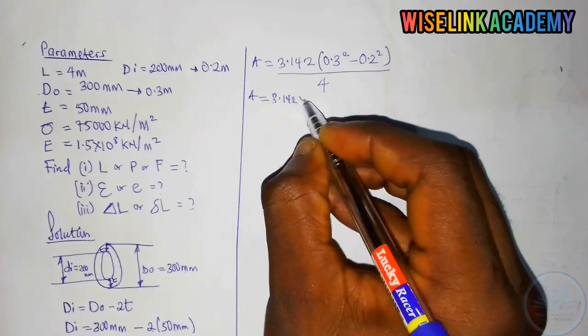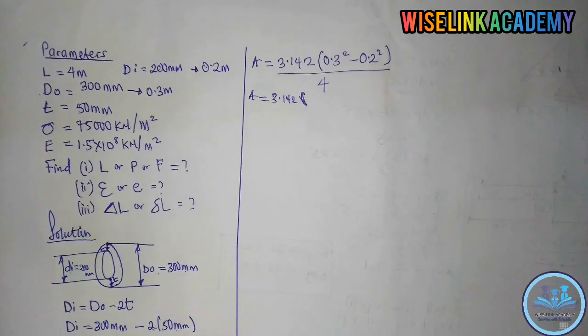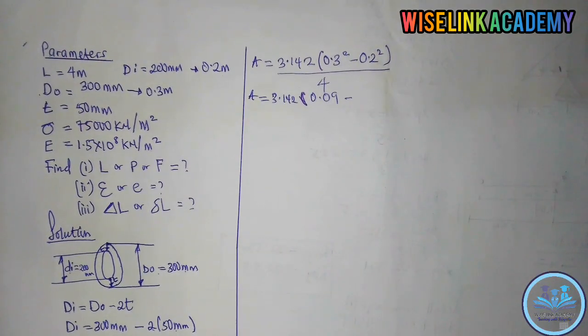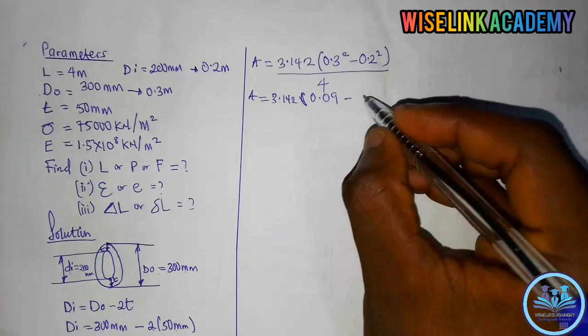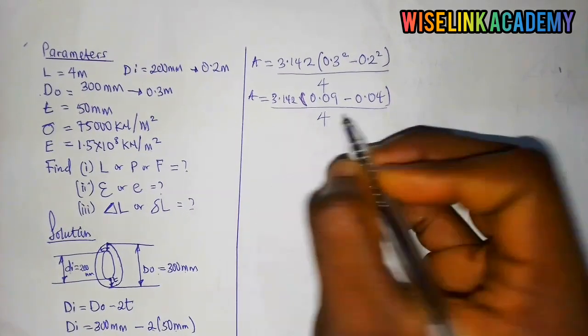If I work on this, my area will be 3.142 open bracket 0.3 square, I'll be having 0.09, minus 0.2 square, I'll be having 0.04, over 4.